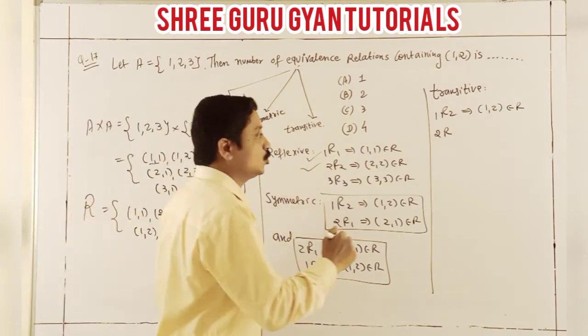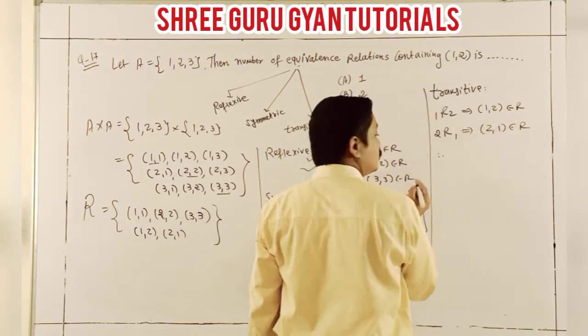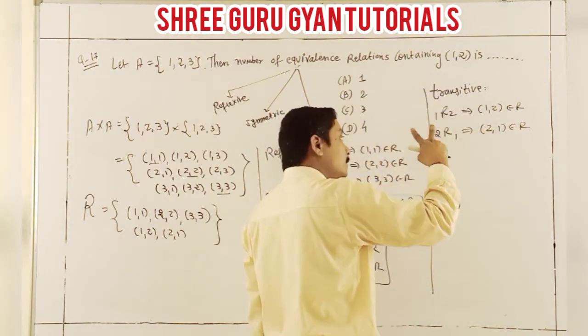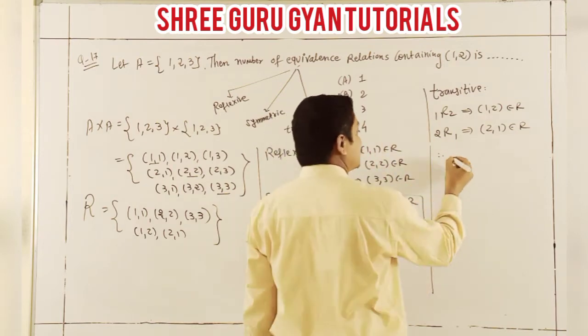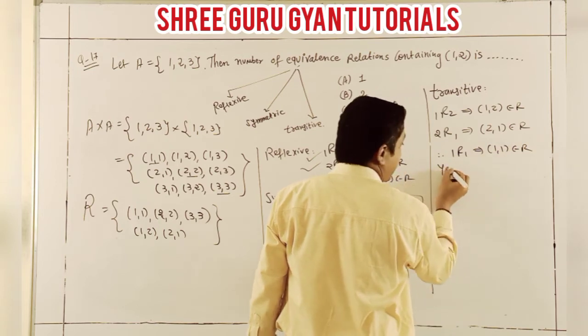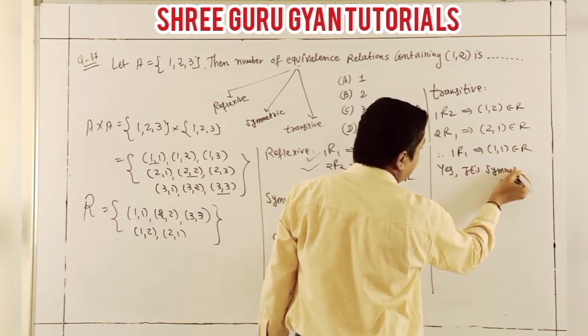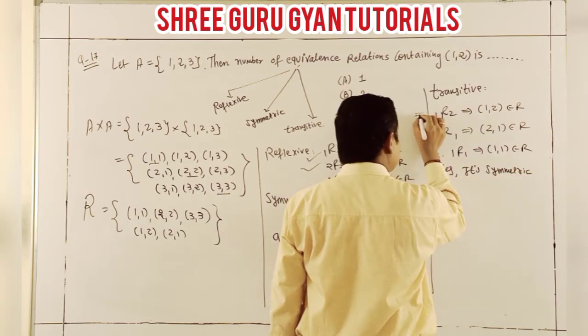So here (2,1) must be written; (2,1) belongs to R. So what do you check? A to B, B to C, necessarily A to C. So here (1,1) belongs to R. Yes, it is symmetric as well. This is the first case.